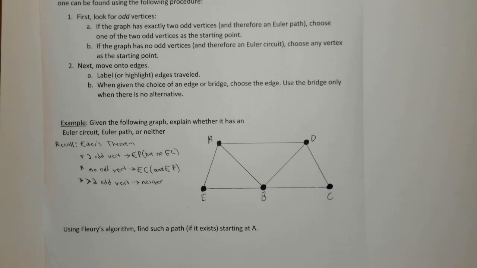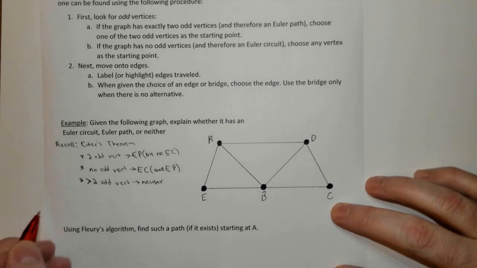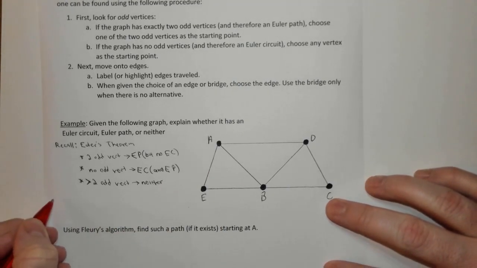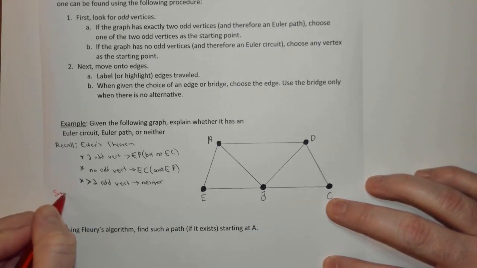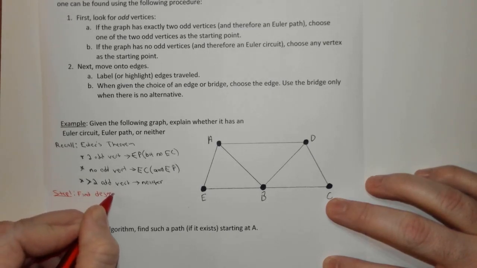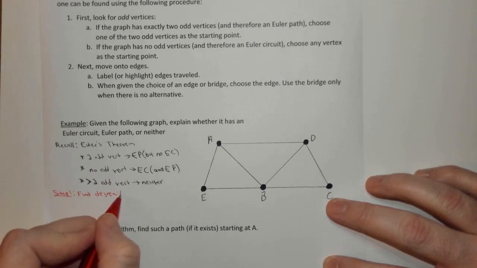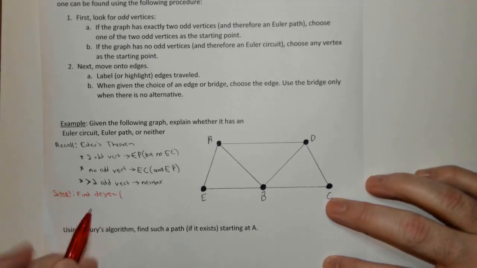So regardless, the first thing I have to do is find the degree of each vertex. So step one, find the degree, and really the word I'm looking for, there's a word for even and odd.